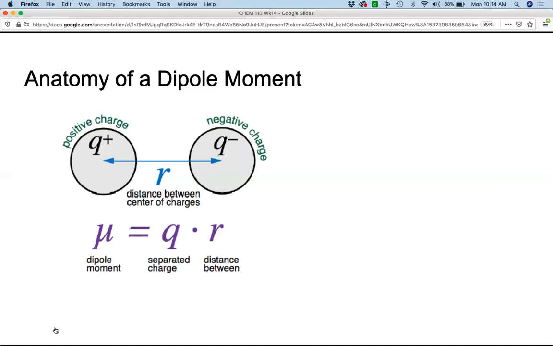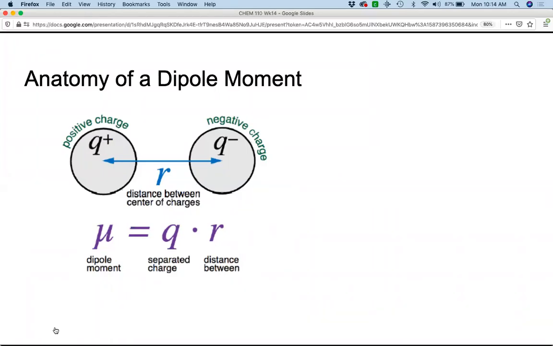So if you're thinking about a dipole, it's anytime you have a partial positive charge and a partial negative charge, or an actual positive charge and an actual negative charge, and the distance that is between the center of those charges.